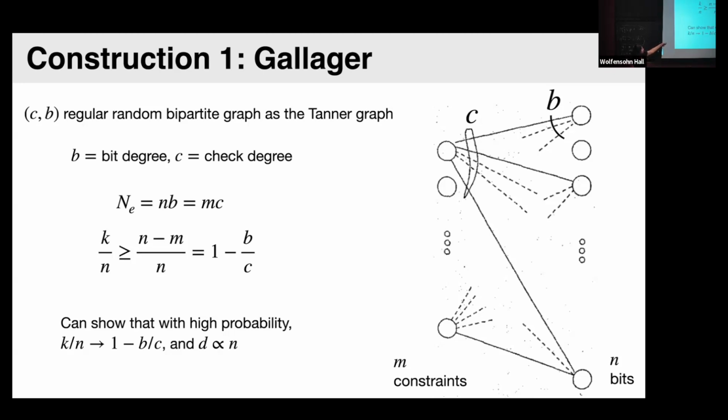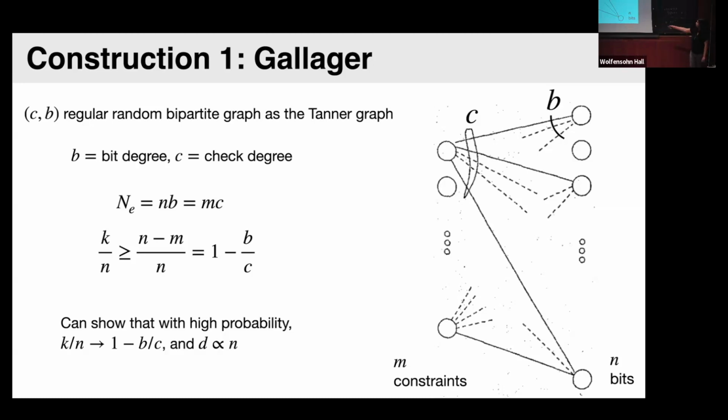But then from this equation right here, this is greater than or equal to 1 minus b over c. So in particular, all you have to do is pick your bit and check degrees such that c is greater than b, and you automatically are guaranteed to have a finite rate code.